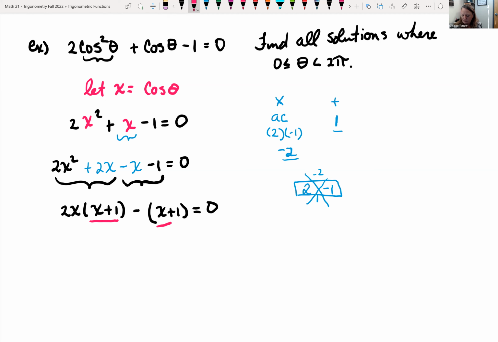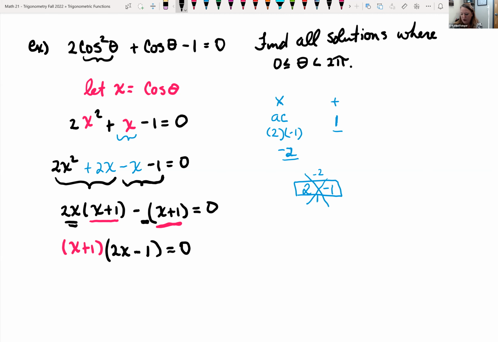So what's inside the parentheses is the same, so we can pull that x plus 1 out. And if we do that, we're left with 2x for that first grouping, and then minus the number out here, which is a 1, it's not shown, is equal to 0.